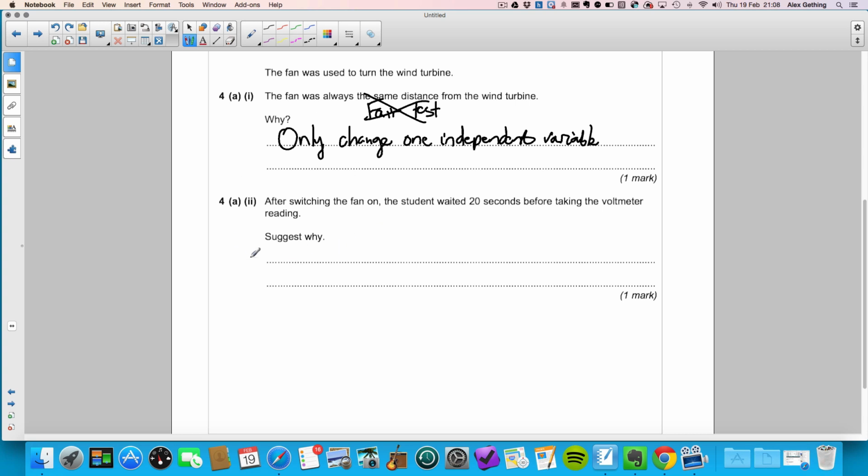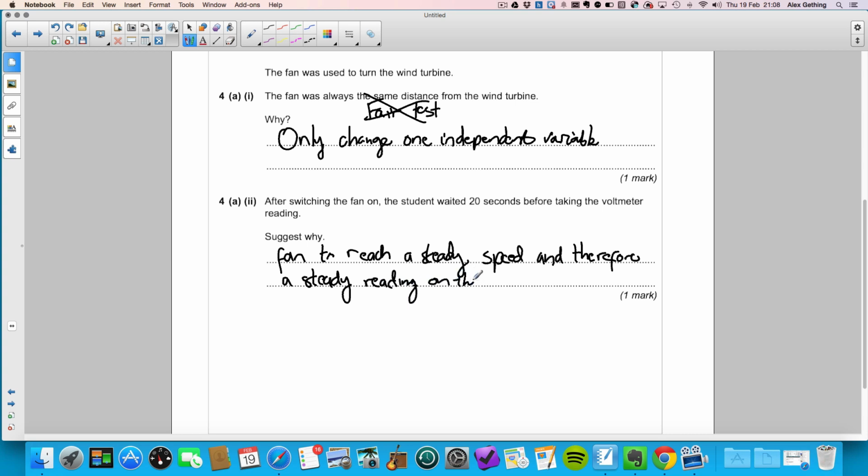And the answer there is we're going to wait for the fan to reach a steady speed and therefore a steady reading or measurement on the voltmeter. Okay.